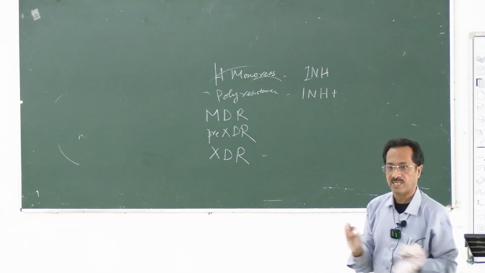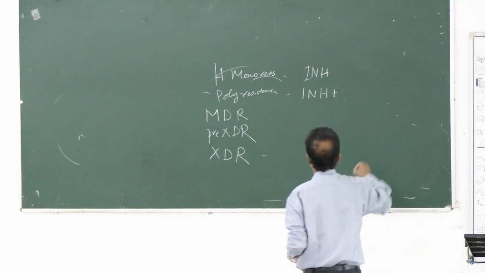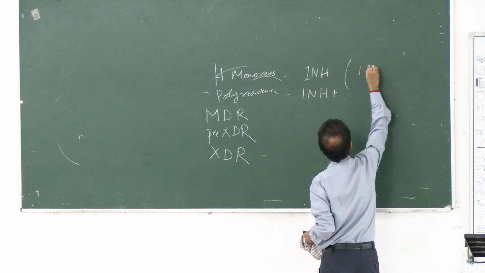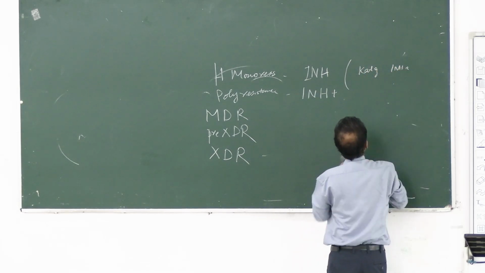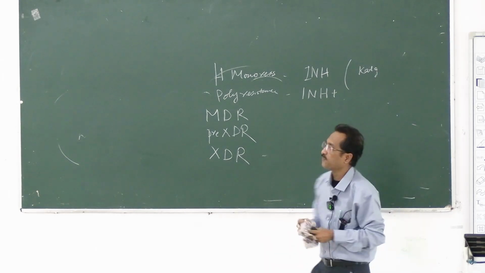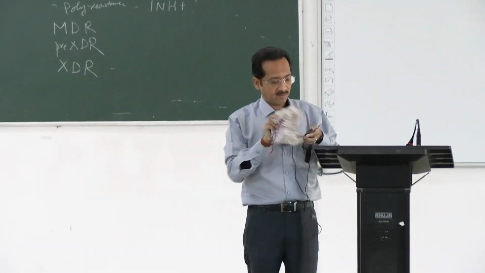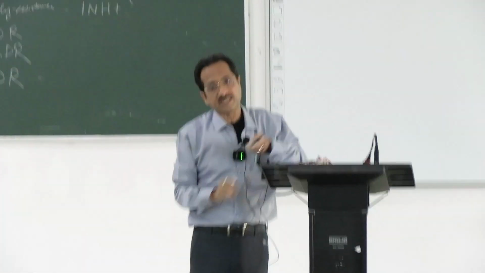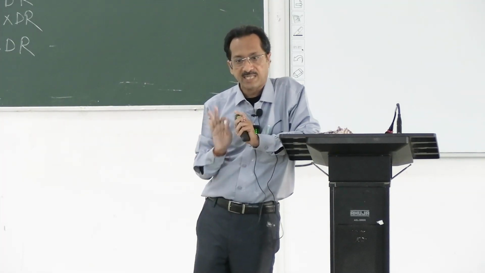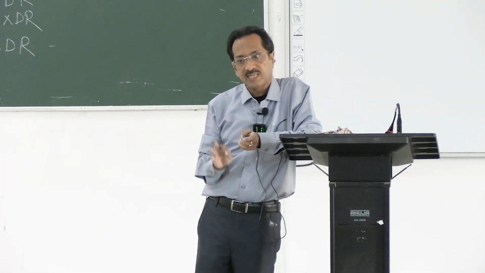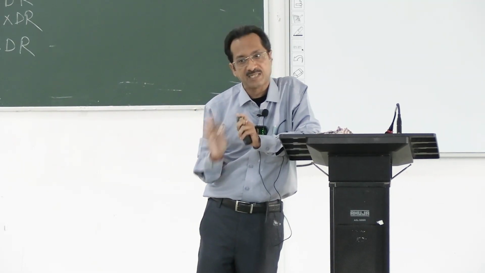For INH, the two genes to be detected are katG or inhA. If both genes are resistant, then even high dose INH is resistant. H polyresistance is INH resistant plus any of the first line drugs other than rifampicin.